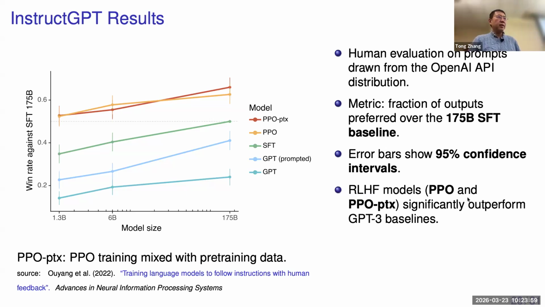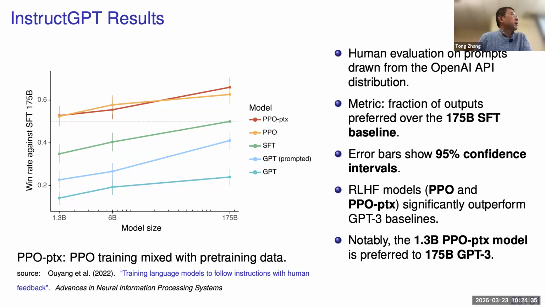What's interesting is that RLHF significantly outperforms the GPT-3 baseline, even with a much smaller model. That's quite surprising. You would think a much smaller model has to be not as good, but it turns out the training pipeline is more important than model size, particularly for chat applications. So this is what you can get out of this.